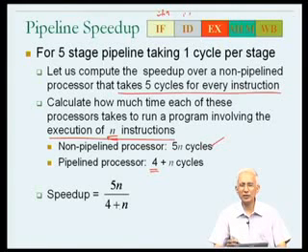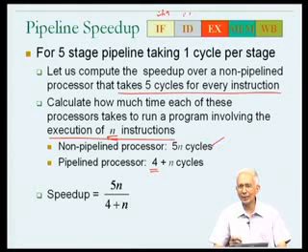If there are only 2 instructions, then this is 10 divided by 6, which is 1 point something, and so on. But what if n is very large? For example, many millions or many billions? The typical case we are concerned about is large programs, because we care more about the speedup for large programs than for small programs, since small programs take a small amount of time anyway.